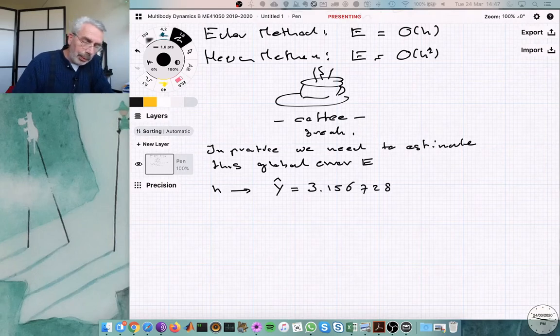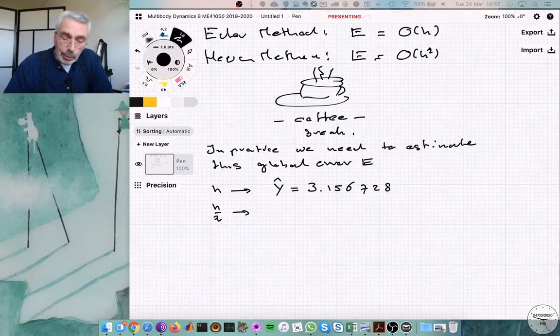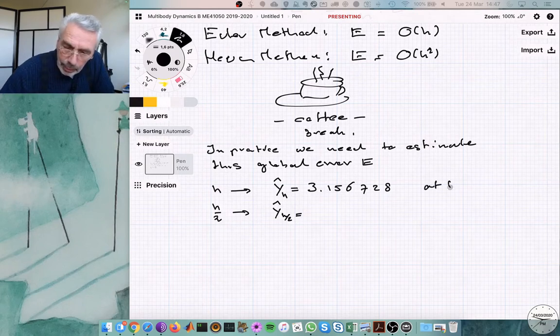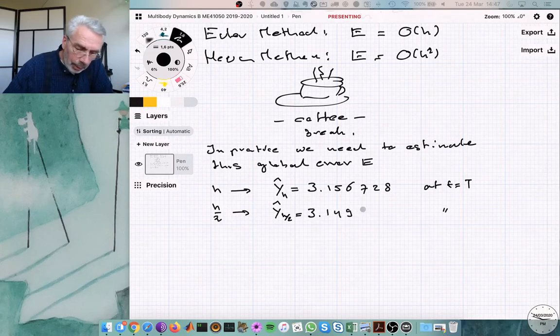That is the number you calculate. Now, you're not sure, so you refine your step size. You divide it by 2, so you take twice as many steps, and then you calculate the solution. Let's call this h and this h over 2. It's of course all at the end time in both solutions, but it indicates that I now use a smaller step size. Then suppose you find as an answer 3.149152.